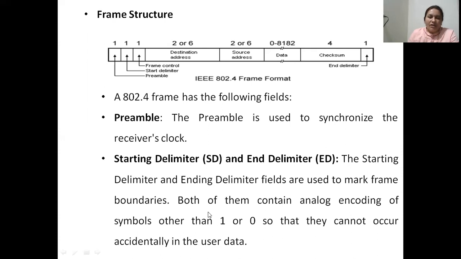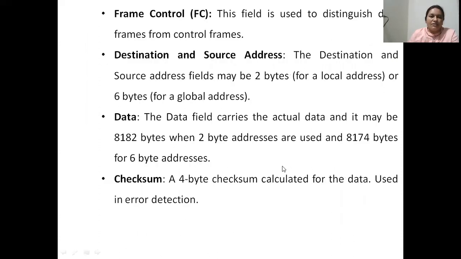Both of them contain an analog encoding symbol instead of a 1 or 0, because a 1 or 0 has more chance of appearing in the data sent in the frame. Hence the delimiter fields are filled with analog encoding symbols.